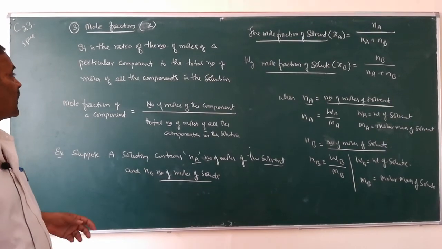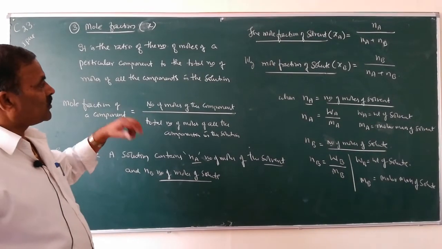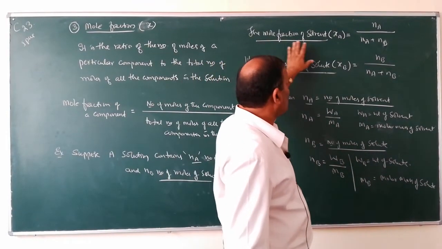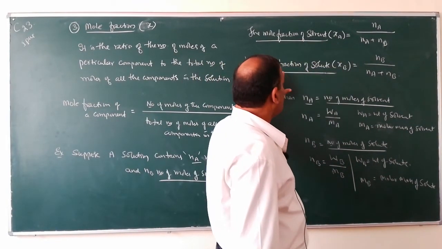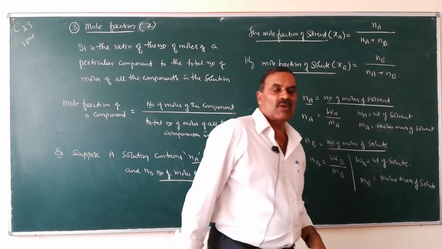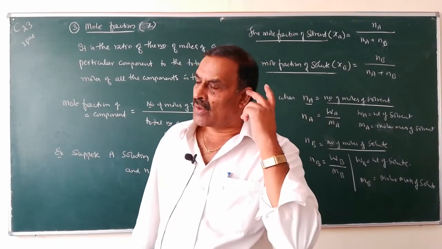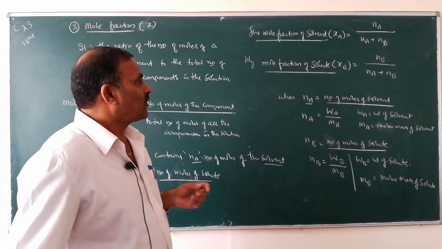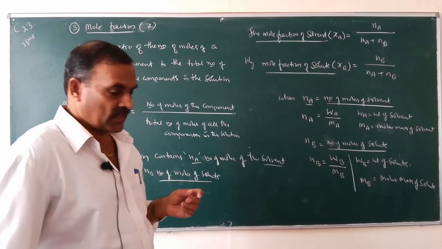With respect to solvent it is XA, which equals Na divided by Na plus Nb, and with respect to solute it is XB, which equals Nb divided by Na plus Nb.